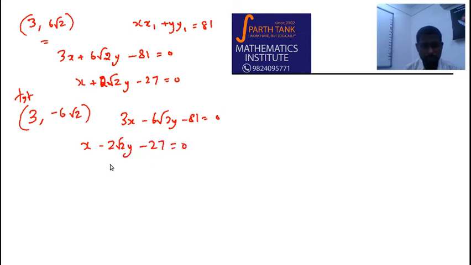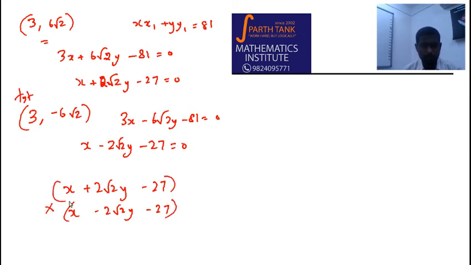So the pair of straight lines formed would be the product of these two, x plus 2 root 2 y minus 27 and x minus 2 root 2 y minus 27. The product of these two, right? Which will be, if you observe, x minus 27 plus 2 root 2 y and x minus 27 minus 2 root 2 y. So this can be written as x minus 27 the whole square minus 2 root 2 y the whole square, a squared minus b squared.